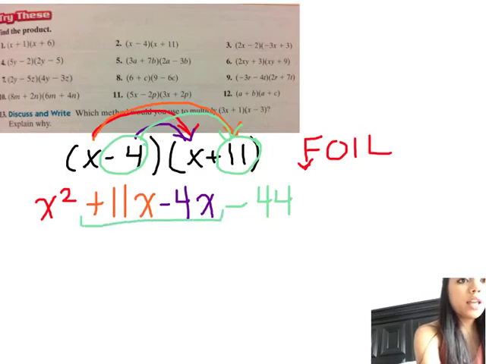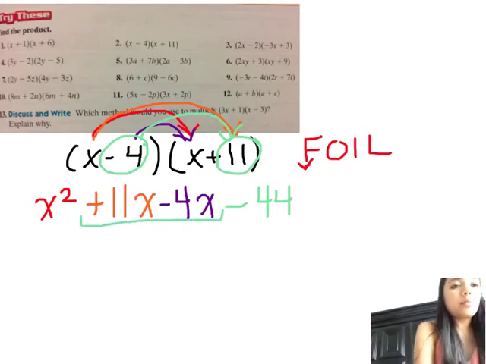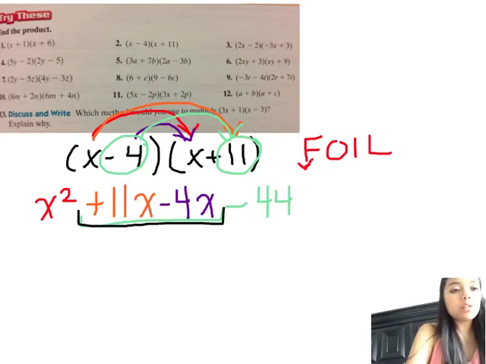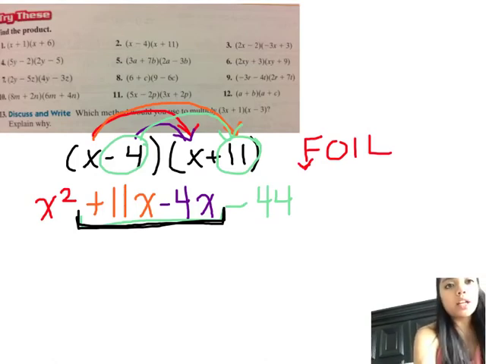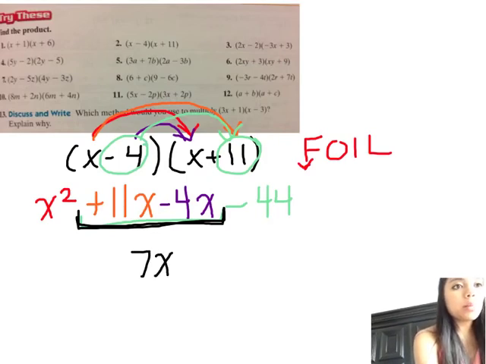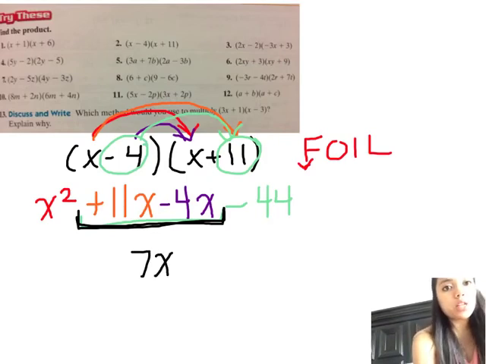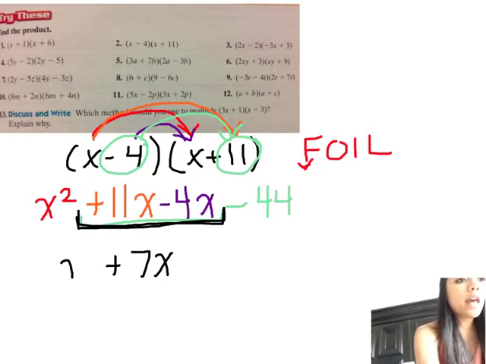The first thing that I need to do is do first times first. I know that all of you know how to spell FOIL, but I'm going to write it down so I can check it off to make sure I've done it. So I'm going to multiply my first number times my second first number. First times first, so x times x is x squared.